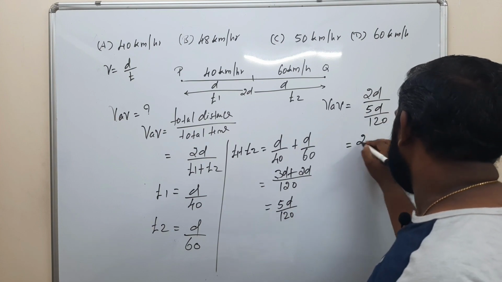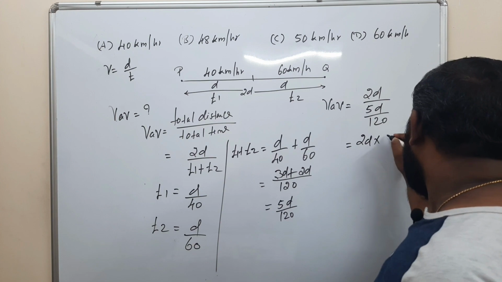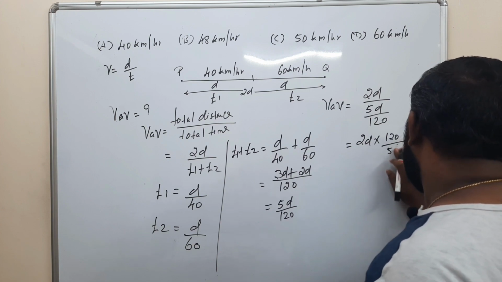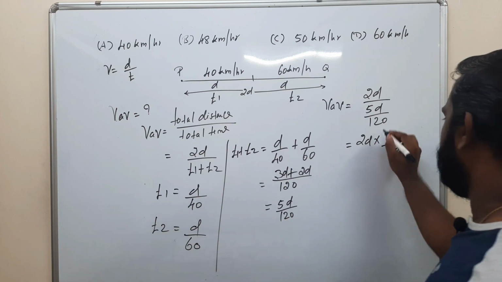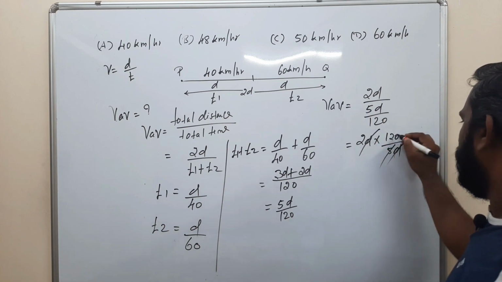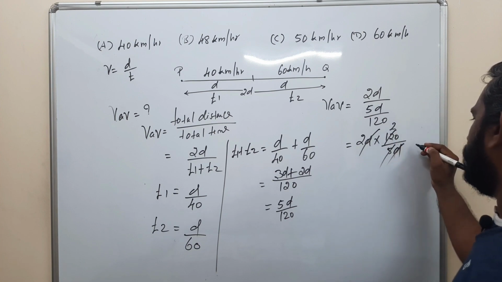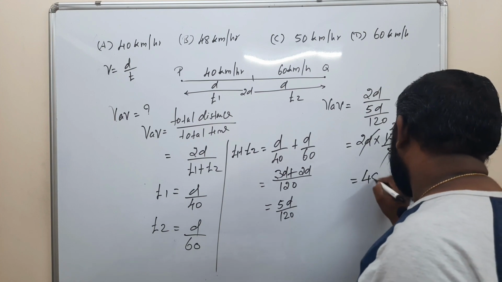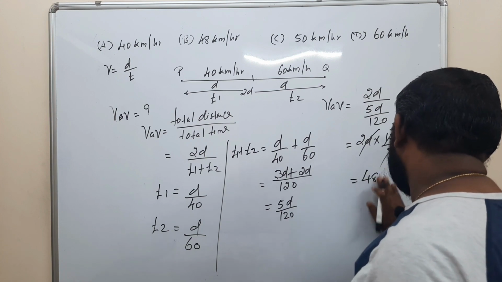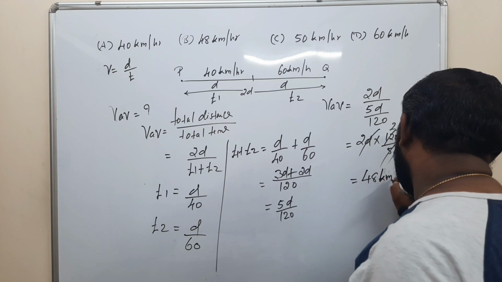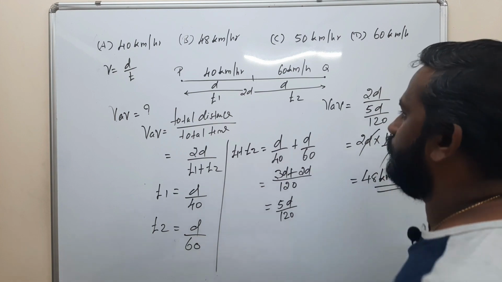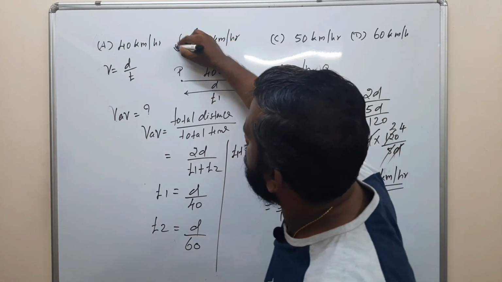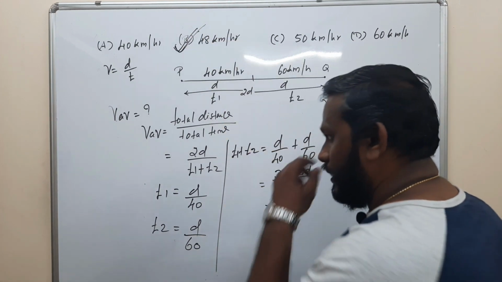So that's equal to 2d into 120 by 5d. The d's get cancelled. 2 times 2, that is 4 times 12, so that's equal to 48 kilometer per hour is the answer. Option B, 48 kilometer per hour.